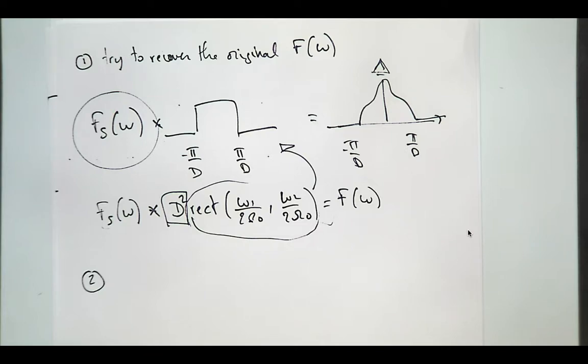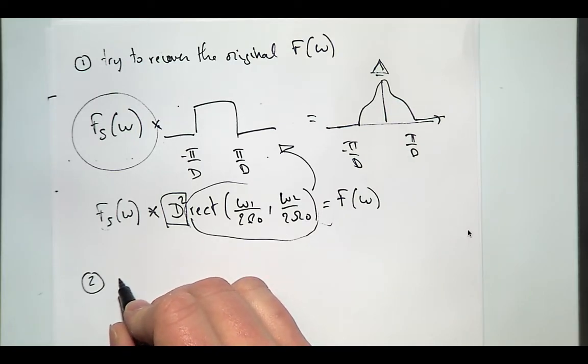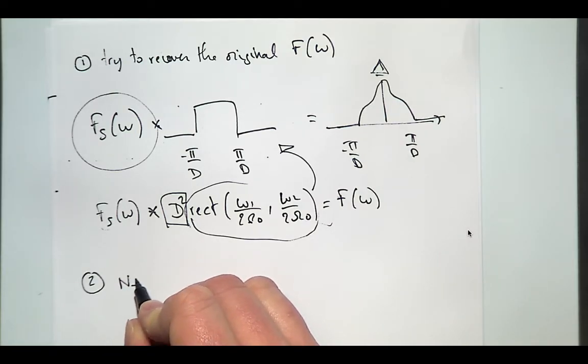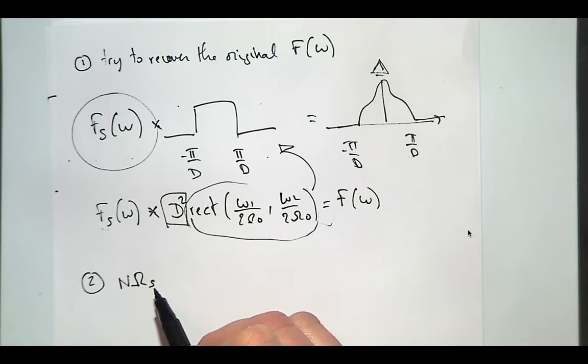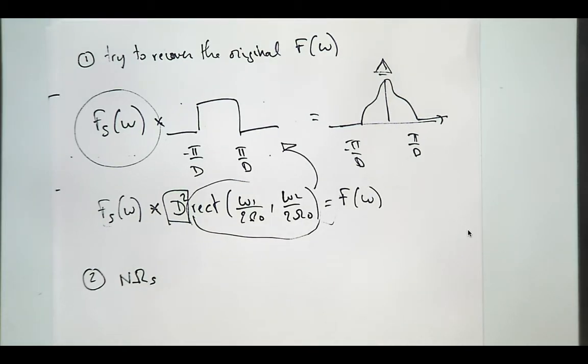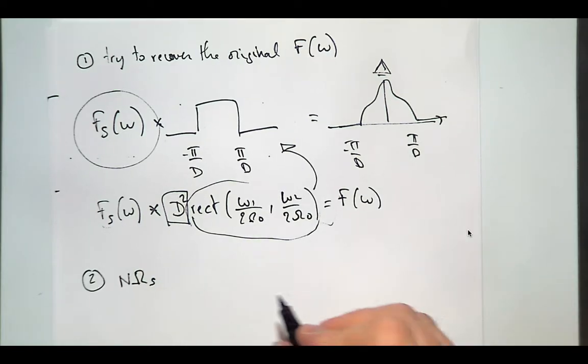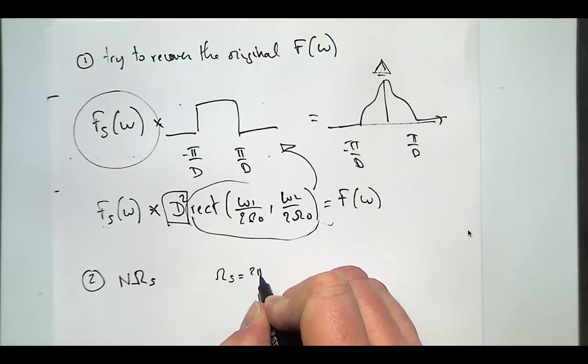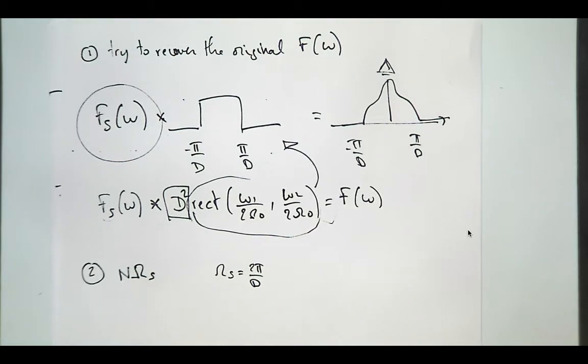If we say the subsampling frequency is n omega s, where omega s is the original sampling frequency, that's 2 pi over d.